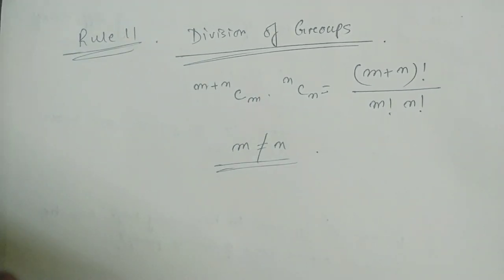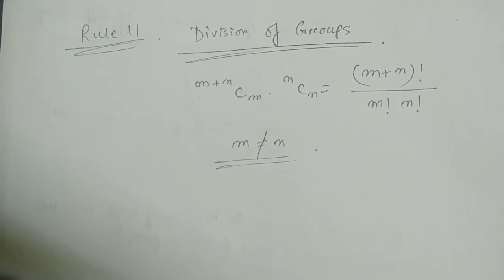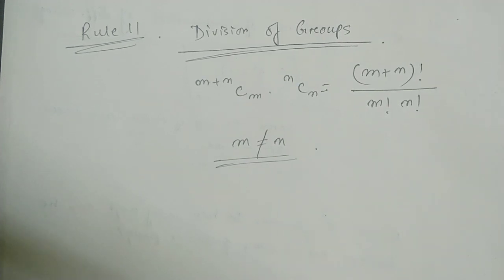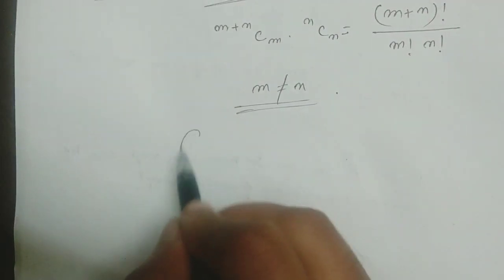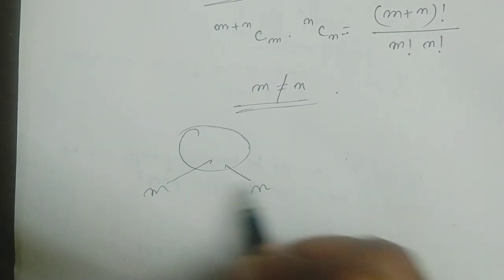Let us try to understand when and how this will be applicable. Suppose there are different numbers of ways in which different things can be divided into two groups. Let's say a group is divided into m and n.